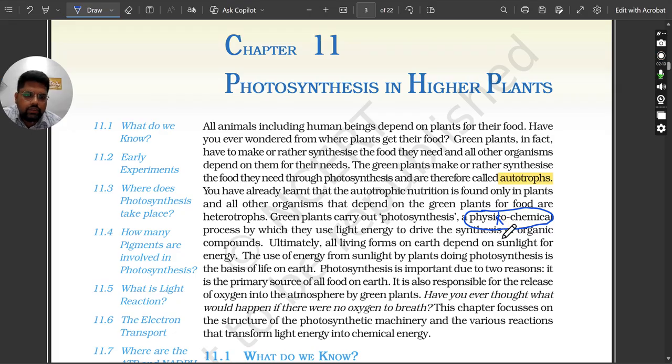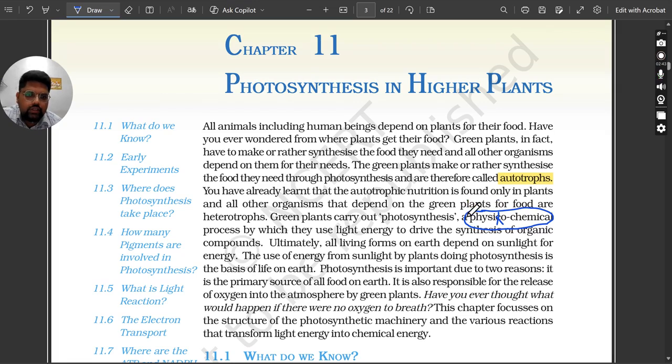Physiological processes are included because for photosynthesis to happen we do require light, we do require water, and we do require carbon dioxide. So the plant absorbs light, takes water, and takes gases from the external environment through physiological processes.